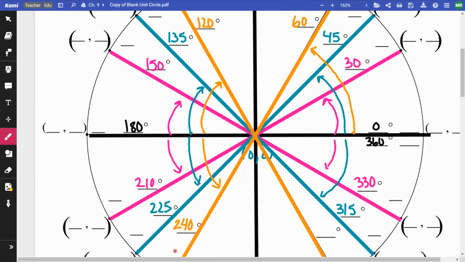And on this side, I'm going to be 60 degrees short of it. And if I'm 60 degrees short of 360, I'm at 300 degrees.